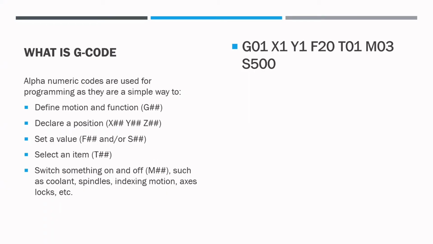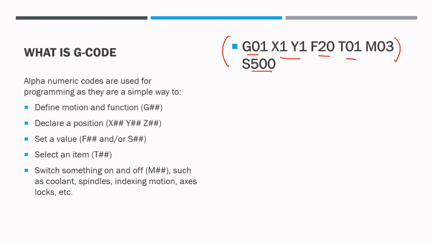Okay, so take for example this line of code. This generally indicates a linear feed move, G01, to the given XY position at a feed rate of 20. It is using tool 1, and the spindle speed is 500.